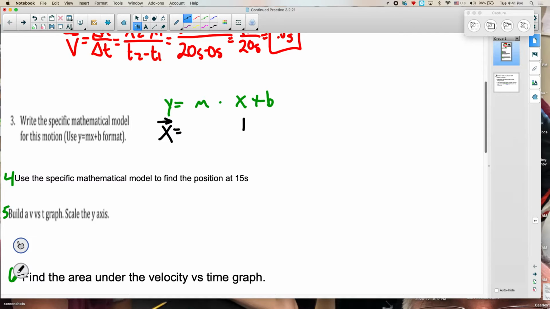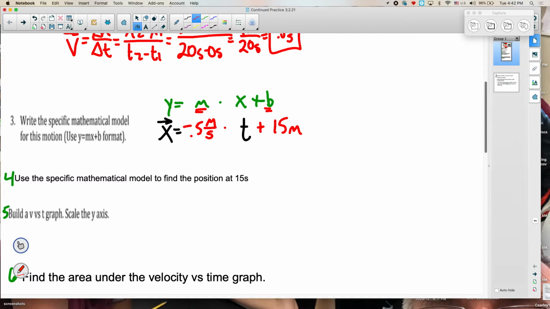We replace x with the name of the x-axis, that's clock reading. To make it a specific mathematical model, we need to include the specific slope and specific y-intercept. So our slope we just calculated was negative 0.5 meters per second, which represents the velocity, and the specific y-intercept, which was the starting position, was 15 meters.